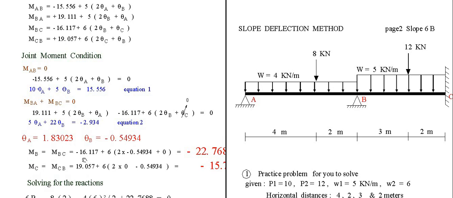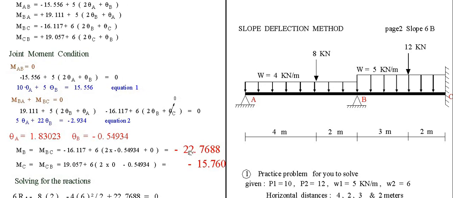It is minus 16.177 plus 6 times 2 theta B, where theta B is minus 0.54934, then theta C is 0, then minus 2.27688. If we solve BA, I am sure the value is also 2.27688, but positive. Okay.